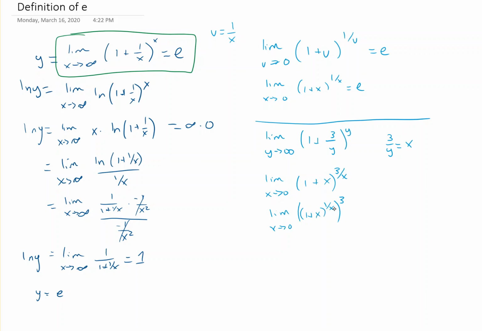Because that's what that cubed is really doing. So the reality is we can actually rework it like this, because we can just think about each individual limit. Look at that.